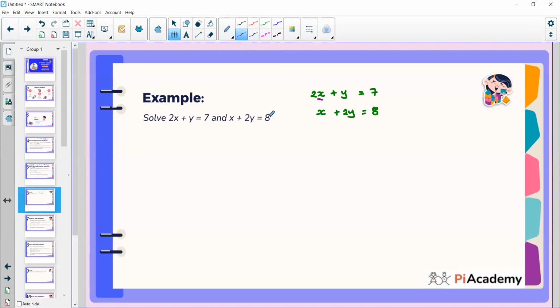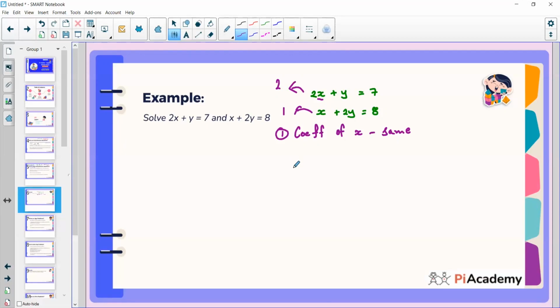So either for x or for y. So what we can do, we can make the coefficient of x the same. Now, what is the coefficient of x in this equation? It's 2, right? Because the number ahead of x is 2. And what is the coefficient of x in this second equation? It's just 1, right? It's just x. x is nothing but 1x. So here the coefficient is 1.